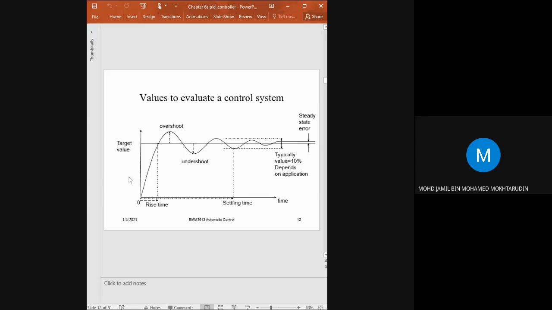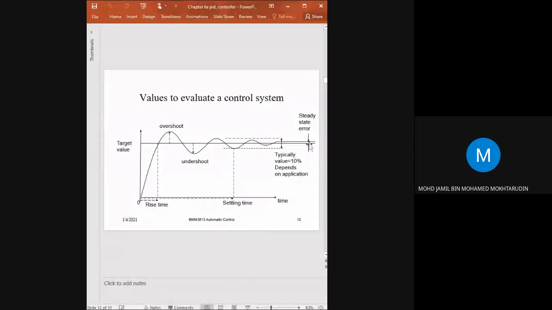But it is almost impossible to get that kind of time response. Usually your time response will have an overshoot, some undershoot, and then oscillation. After it oscillates, it will reach a value that is not exactly the same as the target value.